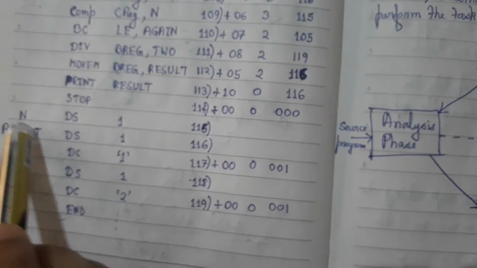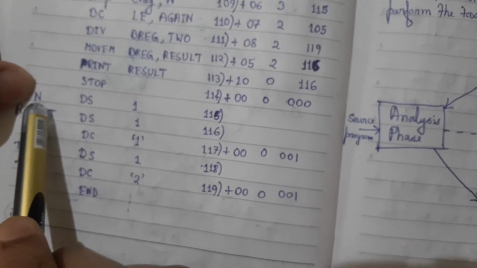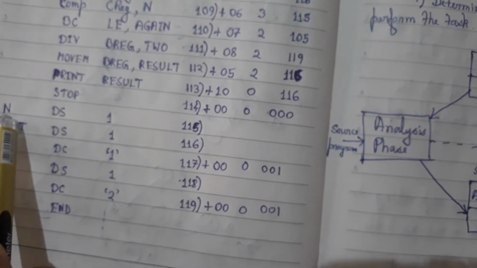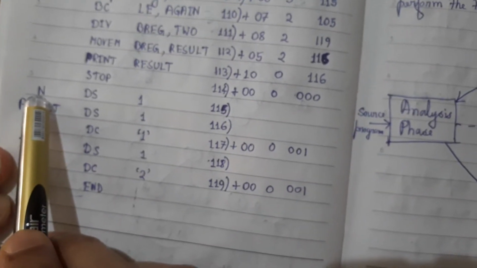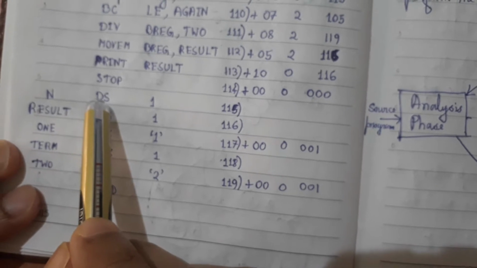So N is the name of the symbol or variable or identifier, and DS means declare storage. So it is nothing but a declarative statement.